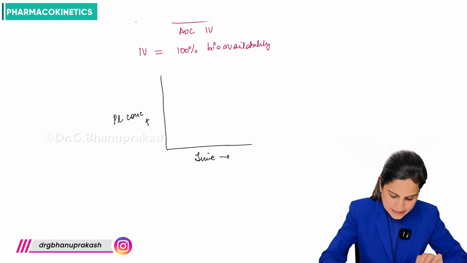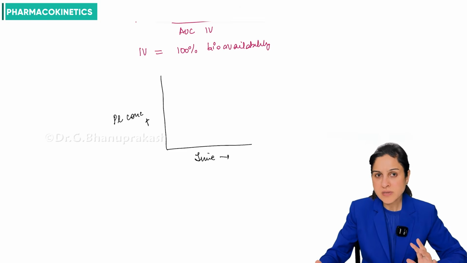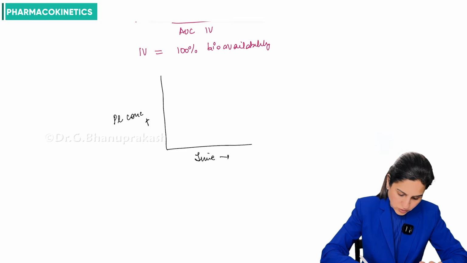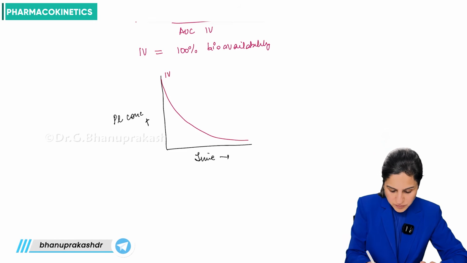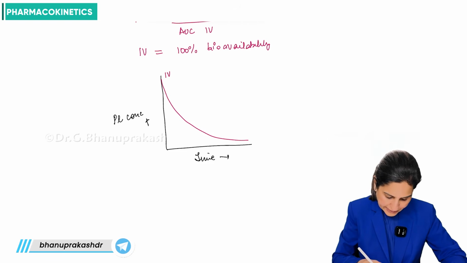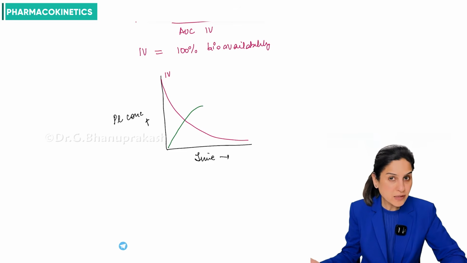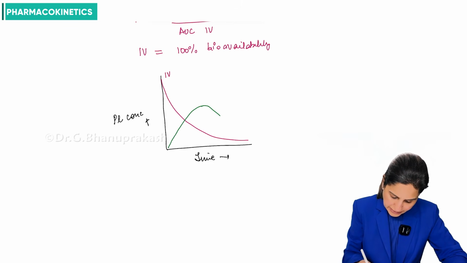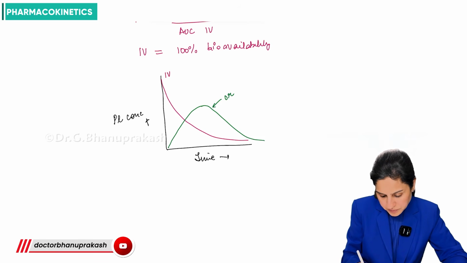Let's say I have given the same drug by the IV route and it immediately enters into systemic circulation, right? So, the graph that we get is like this for the IV route. And the same drug, if I give it by the oral route, it will take time to get absorbed into the systemic circulation and then ultimately go like this. So, this is the oral route.